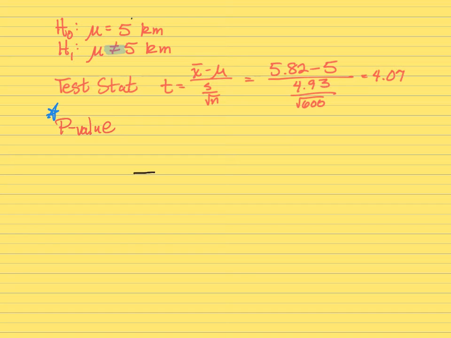When I draw the picture, the claim is that the mean is 5. But here's the deal. In a two-tailed test, if we get a value that's way higher than 5, then that supports our alternative hypothesis. Or if we get a value that is way lower than 5, that supports our alternative hypothesis.